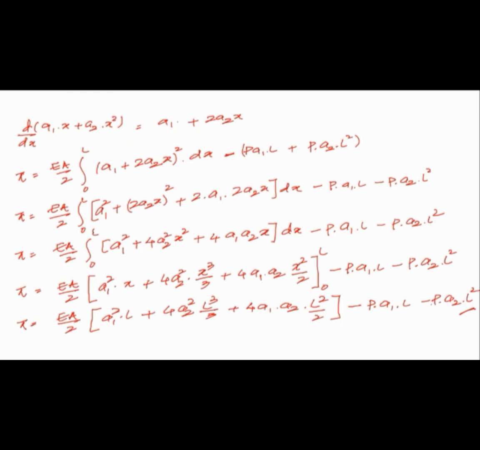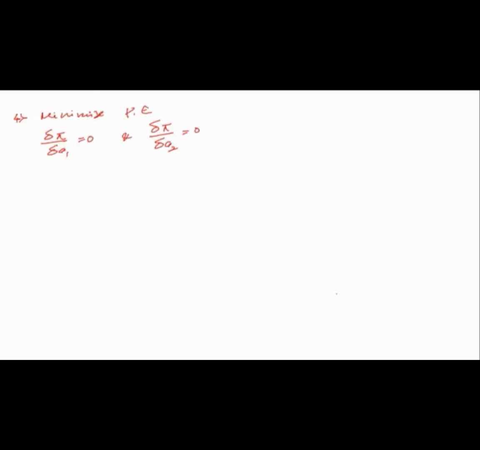When I differentiate that function with respect to a1 and equate it to 0, I'll get one equilibrium equation. Similarly, when I differentiate with respect to a2 and equate it to 0, I'll get the second equilibrium equation. Solve those two equations to get the values of a1 and a2.